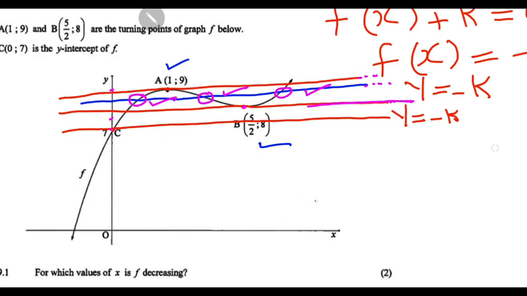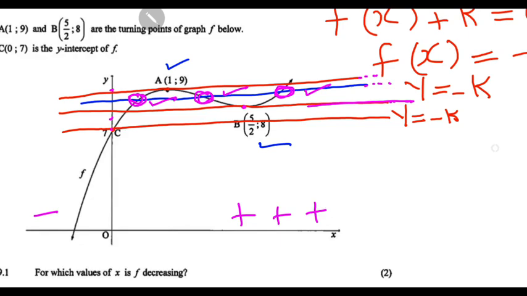Why? Because this is the positive x-axis, this side is the negative x-axis. Now the graph is touched thrice, so we got the 3 positive x-intercepts, 1, 2, 3, because the line touched the graph thrice. So these are the 3 positive x-intercepts between 2 turning points.